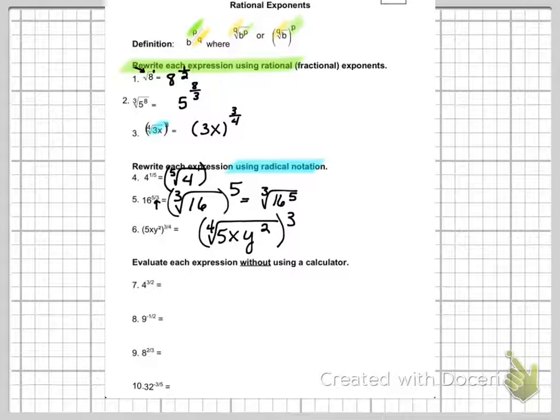Okay, so that is rewriting expressions that you've gotten as radicals as fractional exponents as radicals. Now this says evaluate without using a calculator, and I know everybody tends to panic when we take a calculator away. But these are all designed to be fairly easy problems.